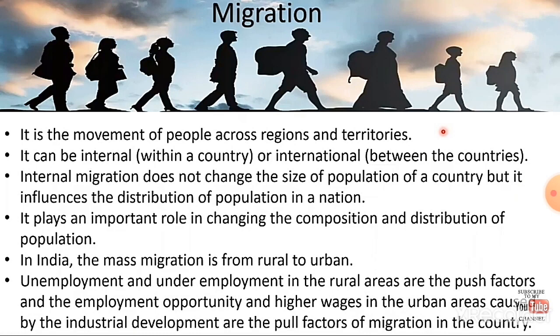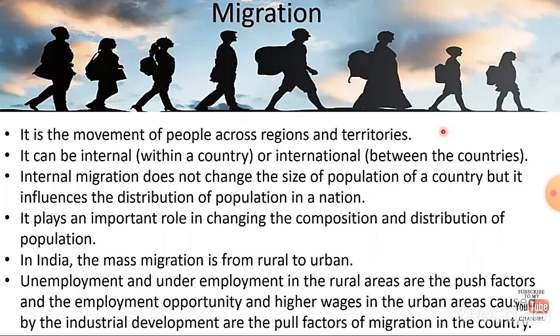So internal migration does not change the size of population of a country, but it influences the distribution of population in a nation. Can you understand, children? Internal migration means the people move from one state to another state. So the census is calculated for our whole country.